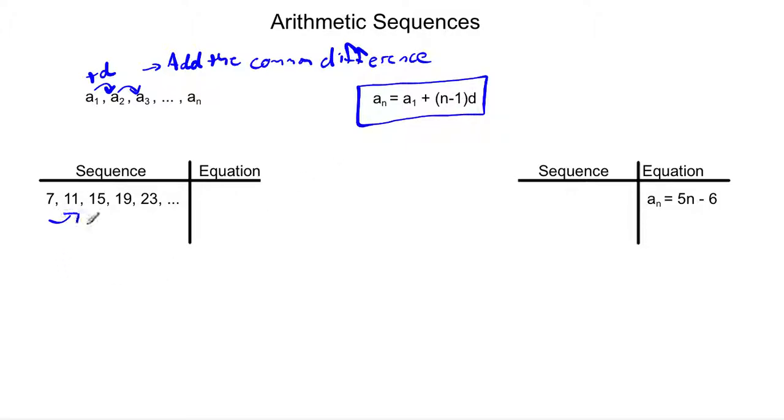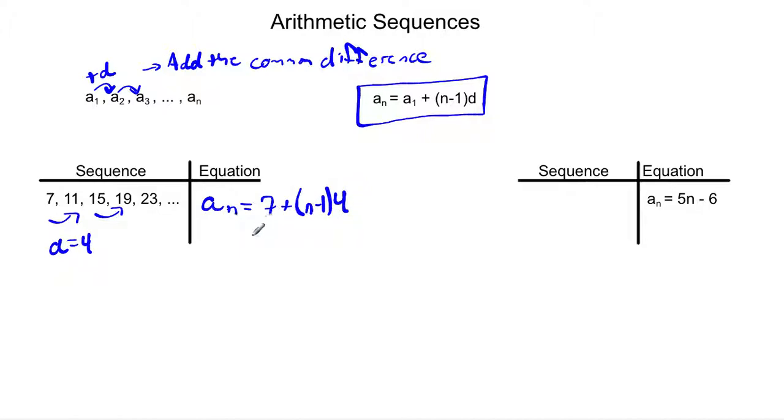So for our example, we were adding 4 to each term, so that means that our common difference is 4. So our equation is going to be a sub n is equal to the first value, which is 7, plus n minus 1 times that common difference of 4.